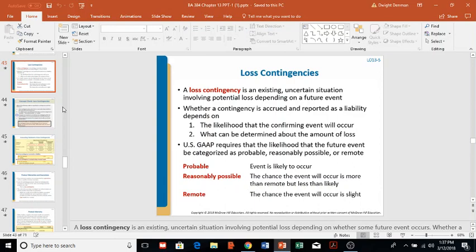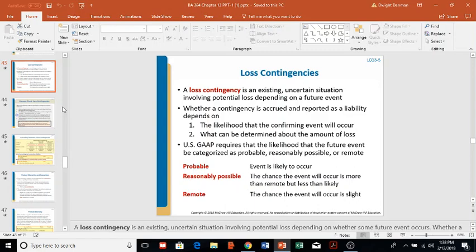Again, it's kind of hard to fit these past events into these three categories. It seems like there is not as much room between probable and reasonably possible as there is between reasonably possible and remote. But those are the categories we're given, so somehow you've got to fit the situation at hand into these particular categories of likelihood that the confirming event will occur.